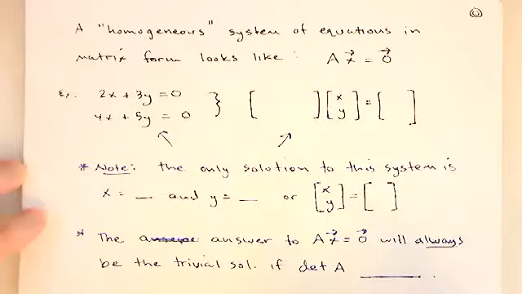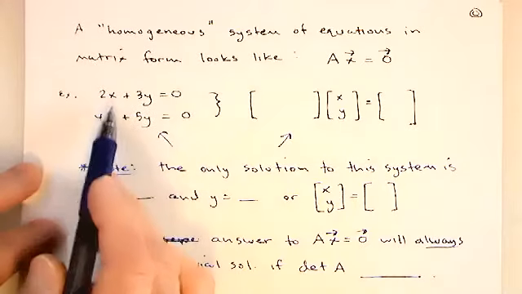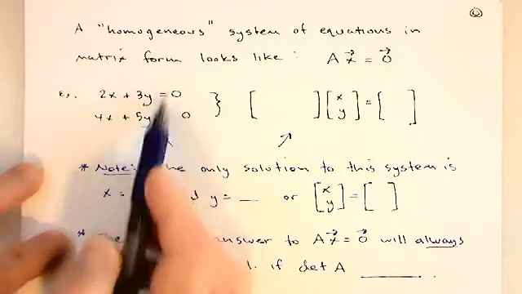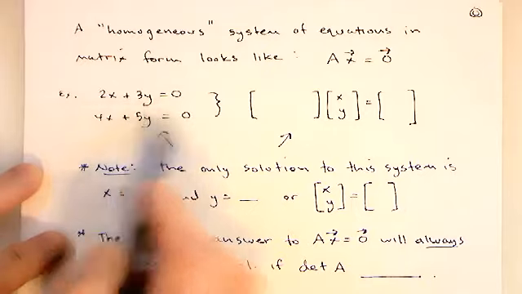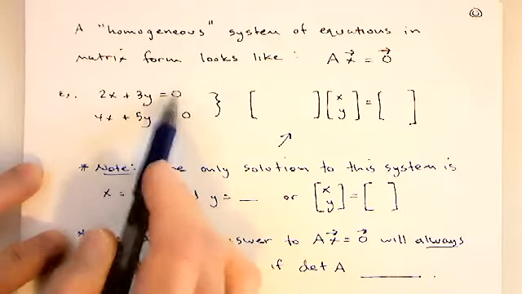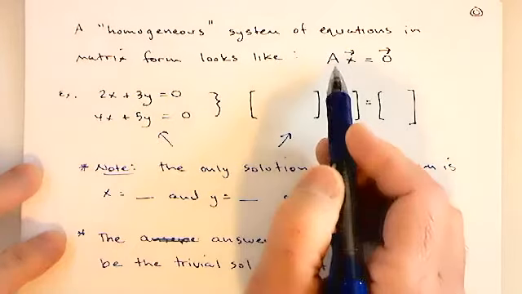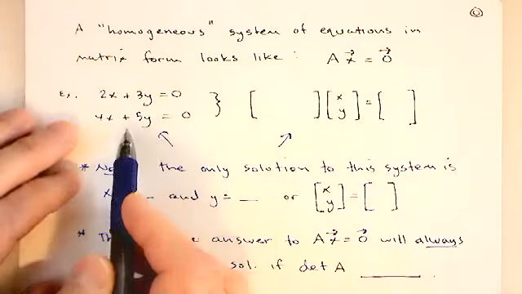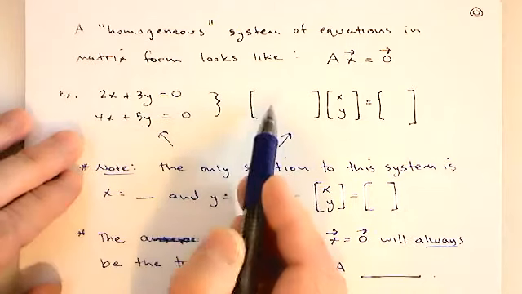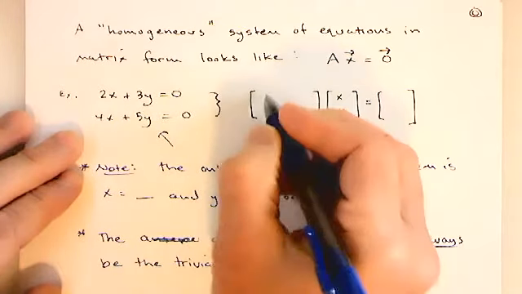But in this case, what we want to focus on is systems of equations where the right side of both equations equals zero. So in matrix form, remember that we can write a system of equations by taking our coefficients.